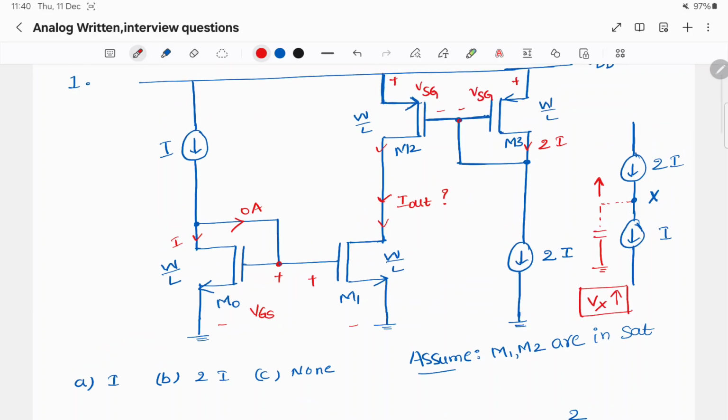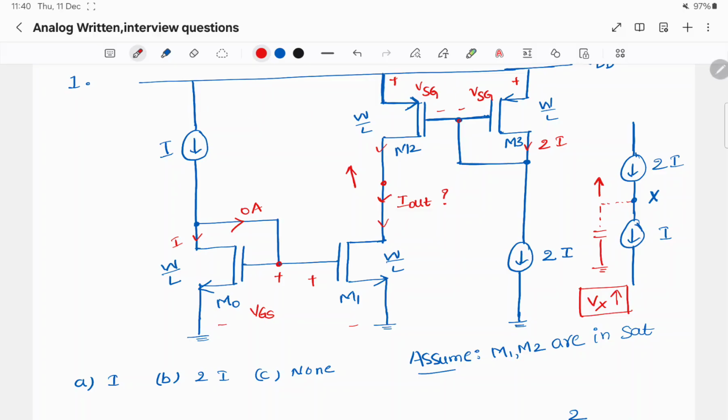This node potential increases. See, for NMOS, the limit is on the lower side. If we come below VG by a VT, then you will be in triode.